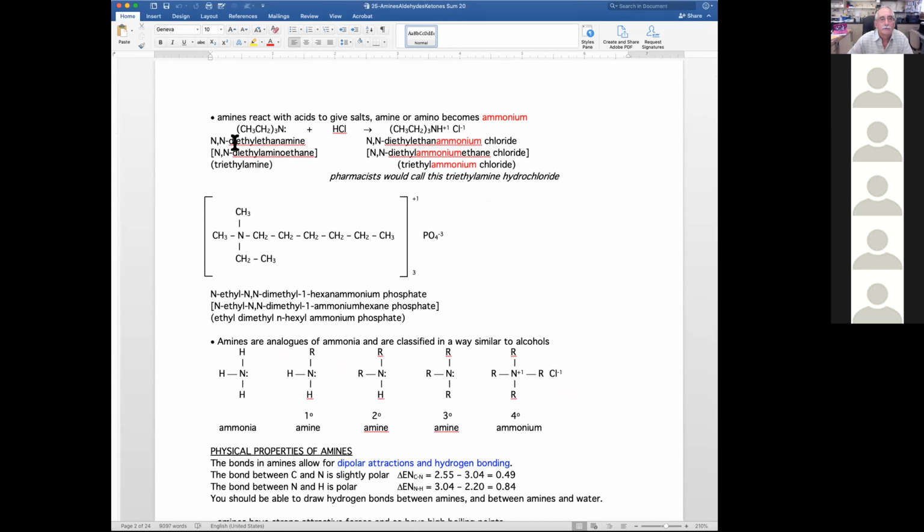So here we have N,N. Wait, why is that? Oh yeah, I don't have a triethyl. It's diethyl. That's supposed to be a 2. I never noticed that before. Let's see. Okay.